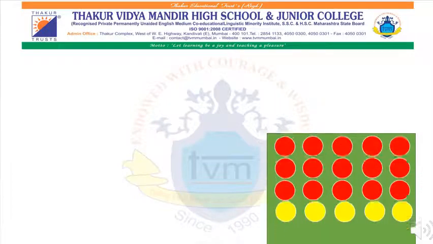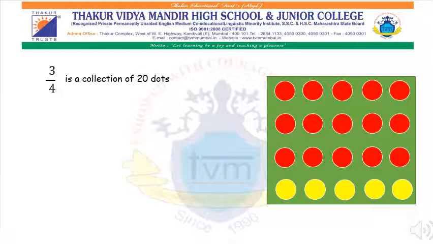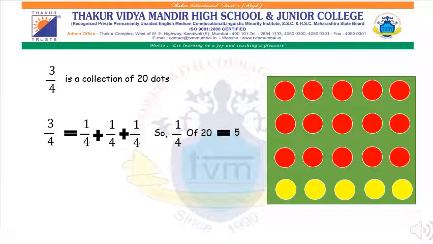3/4 of the collection of 20 dots. You know that 3/4, how you can get 3/4? 1 upon 4 plus 1 upon 4 plus 1 upon 4. That is 3 times 1 upon 4. So 3 times 1 upon 4 of 20 dots you want.